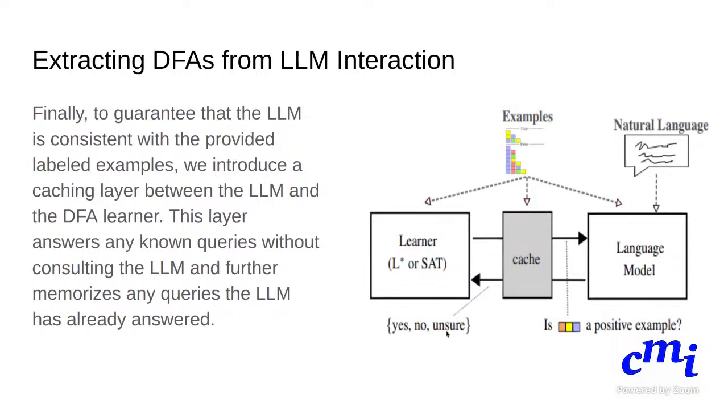This is also so that if we get unsure responses, which might not be useful for the learner, we still store them and will probably just skip and move on to the next membership query. This is how the LLM interaction with the DFA, or one part of the algorithm, would look.